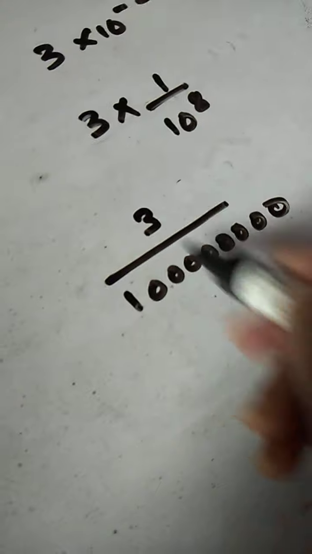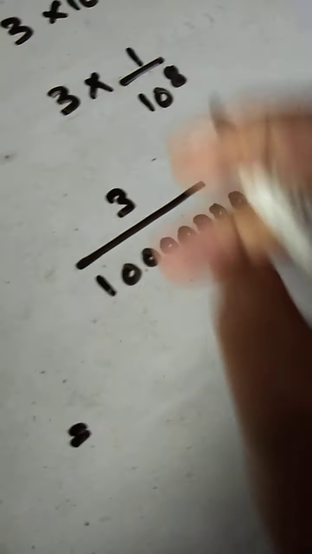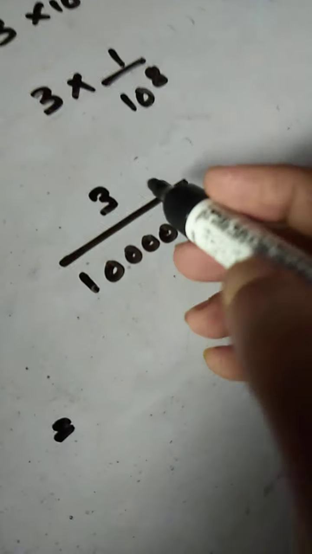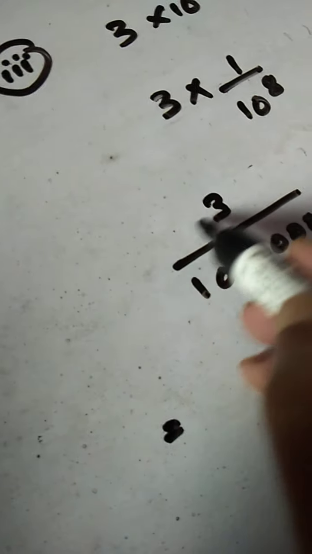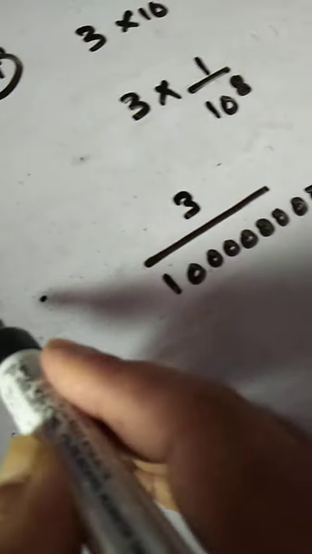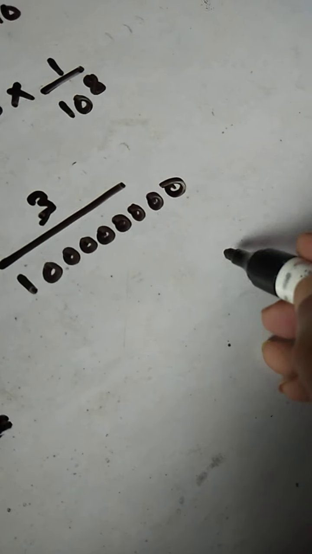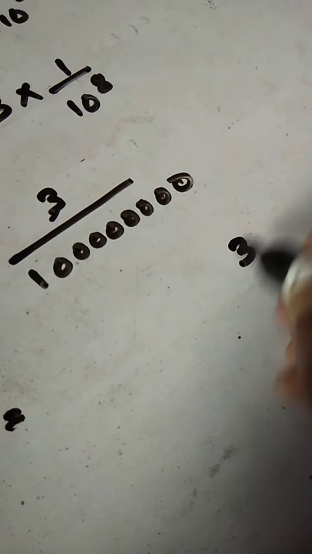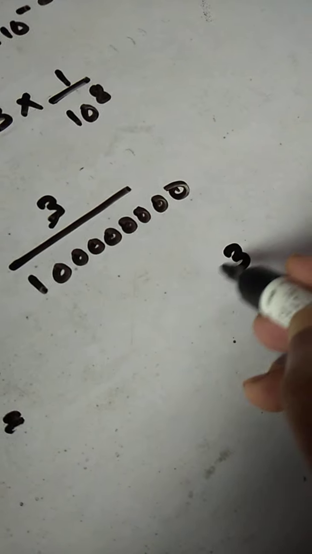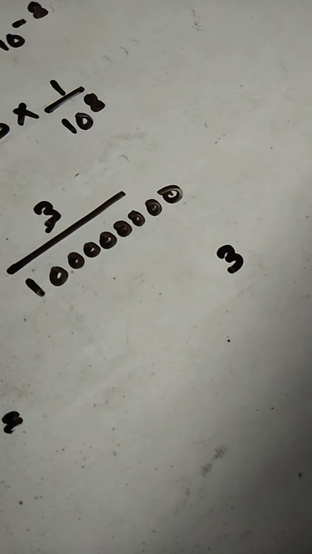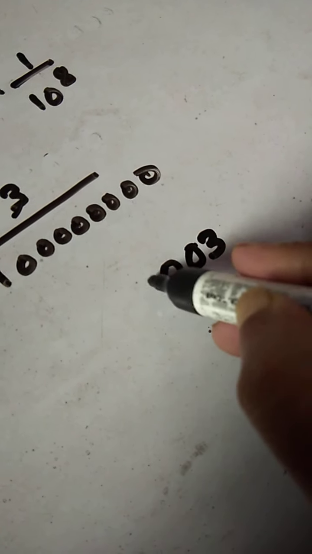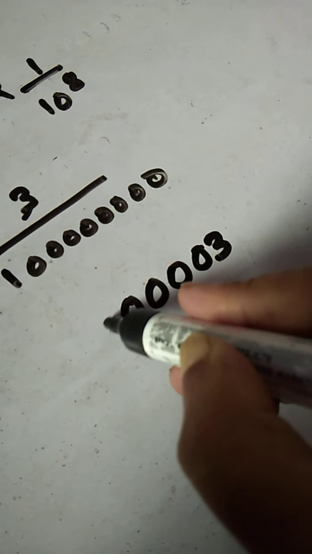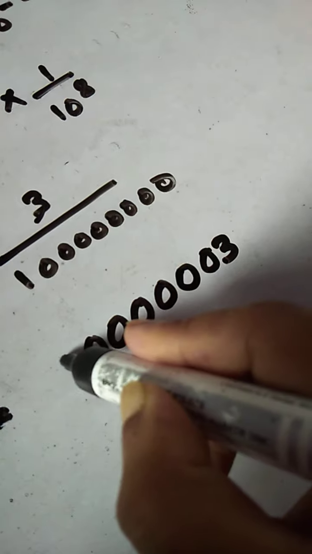Now this is a fractional form, and we have to convert this fractional form into decimal form. For that we have to put the decimal after how many digits? That is 8, but only 1 digit is present here. So the 7 more digits need to be made up by zeros only: 1, 2, 3, 4, 5, 6, 7.